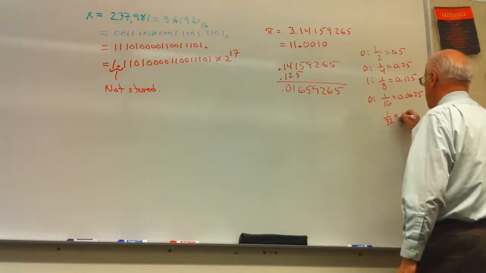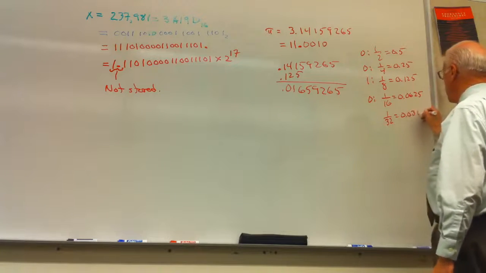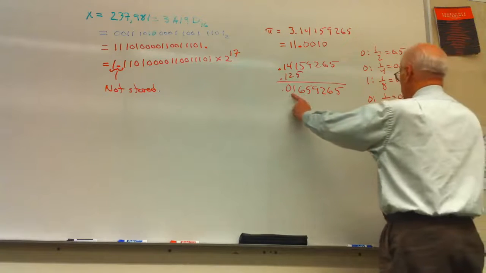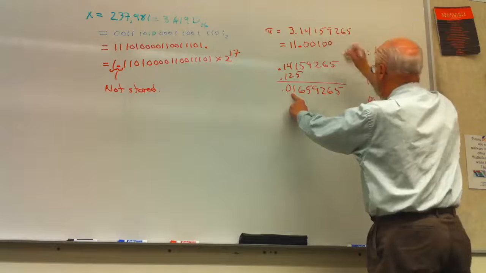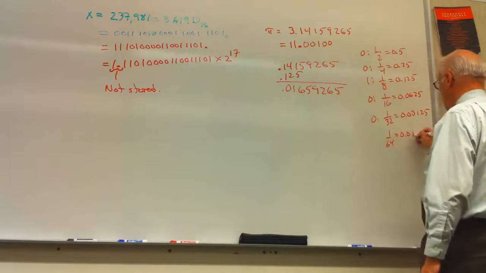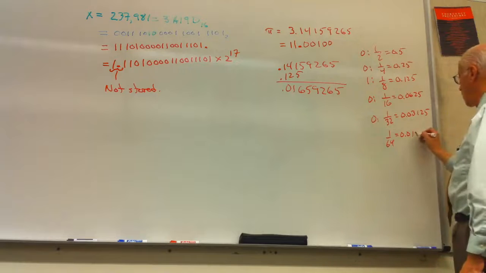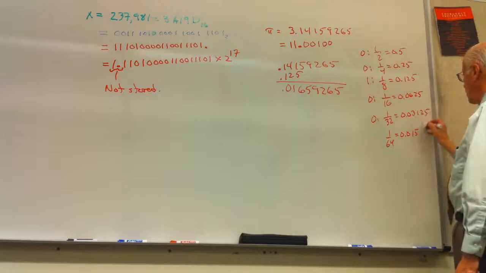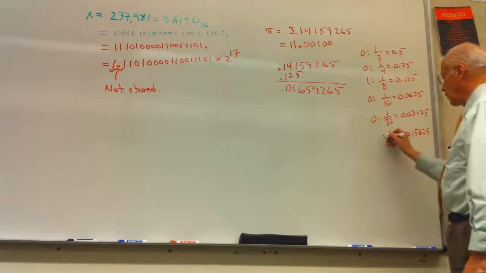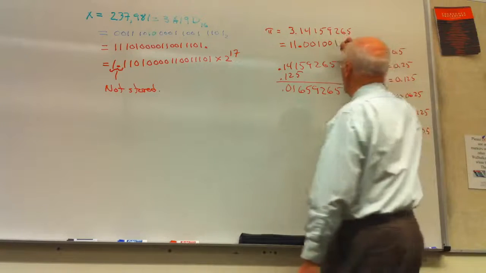Now I can go to 1/32, 0.03125. That's still too big, so I put in another 0. 1/64 is 0.015625. That one works, so I would have a 1.